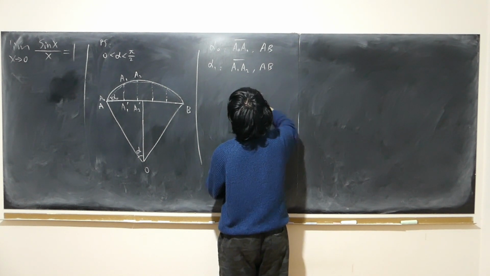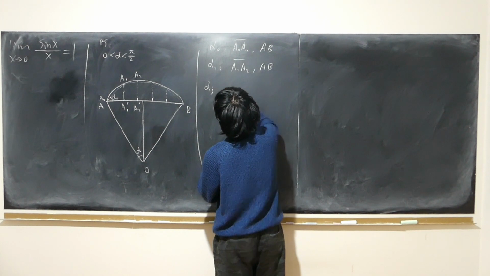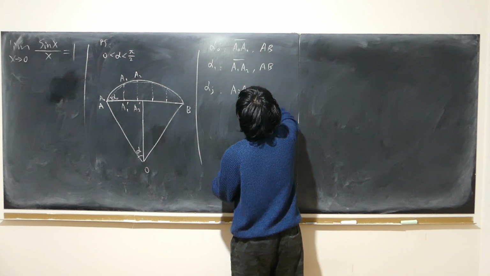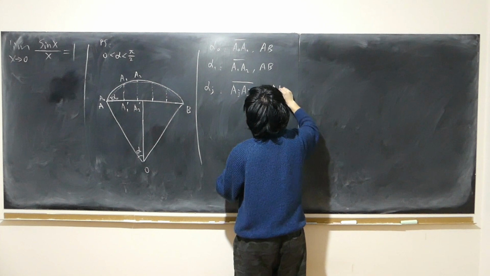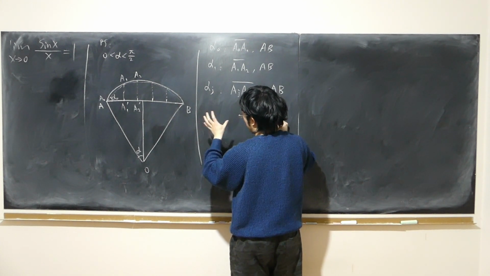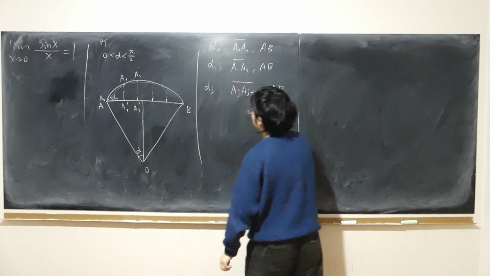So on and so forth. So generally speaking, alpha j is the angle between A j, j plus 1 and AB. So then I'm going to show that every alpha j is less than this alpha.